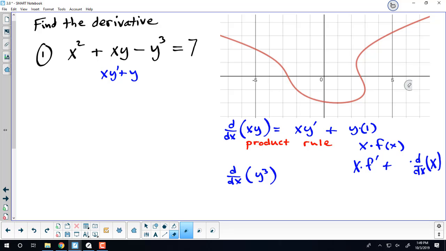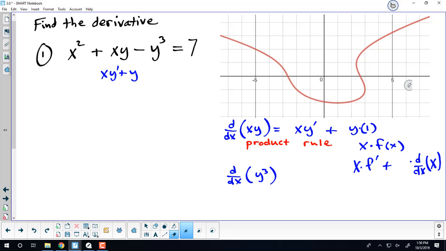The only way I know what this function is, the only way I know what y is, is if I solve this original equation for y. Then I know what y is. But notice you're going to end up with 3 equations for y because it's y cubed. If you solve for y cubed, this red curve here is actually made up of 3 different functions coming from the y cubed.